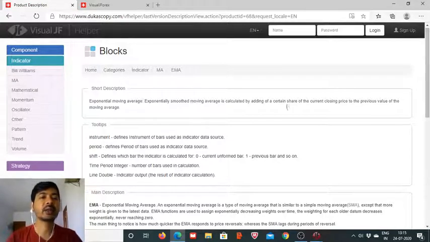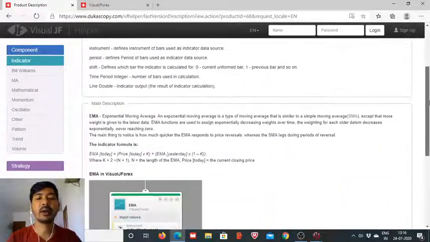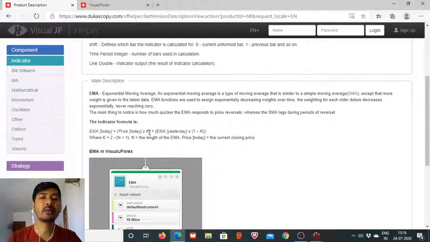If you consider the short description, this is an exponential smoothed moving average, and it is calculated by adding a certain share of the current closing price to the previous value of the moving average. So here we take yesterday's moving average and multiply it by a factor which is 1 minus k.